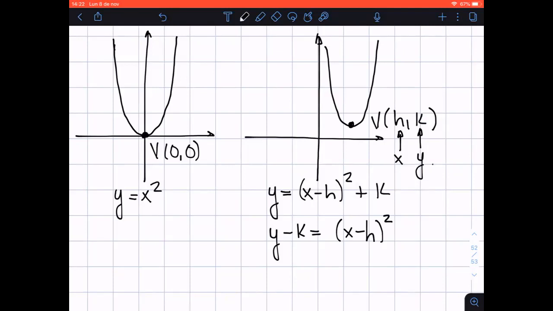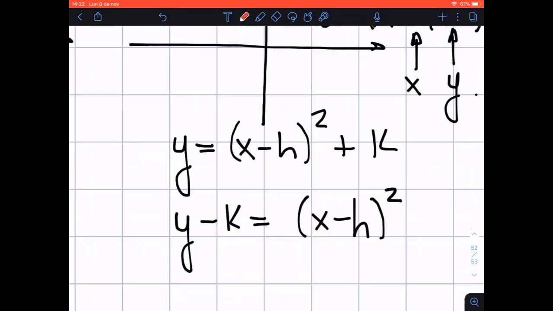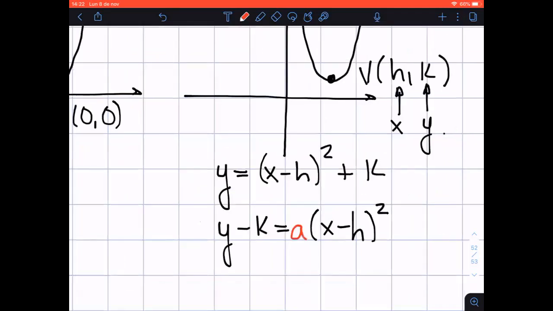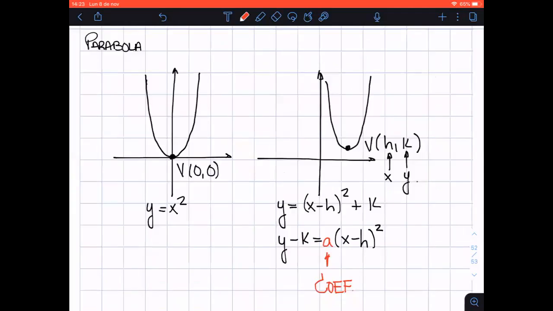And beyond this, I'm gonna add a coefficient right here, a coefficient that we're gonna call letter A. Remember that any coefficient that is beside the parenthesis that is squared will scale your parabola.